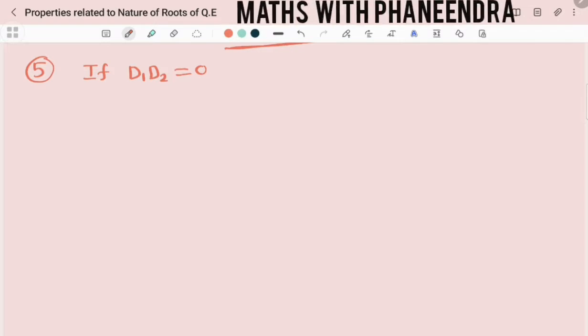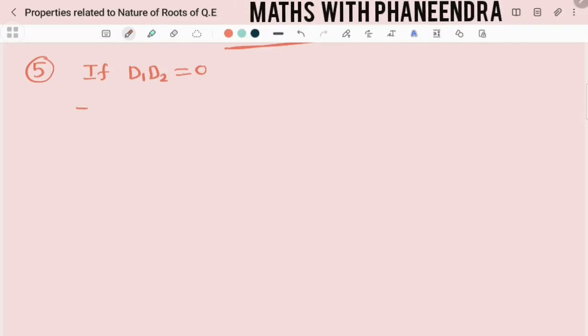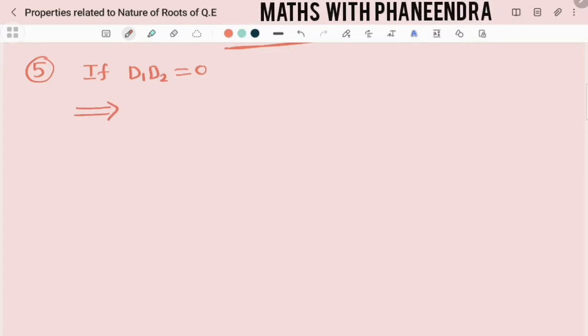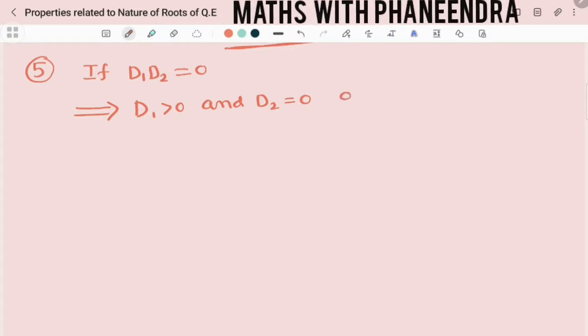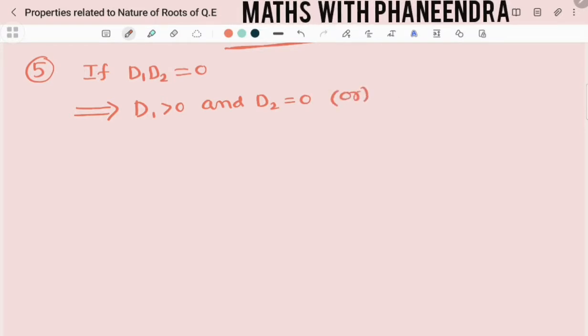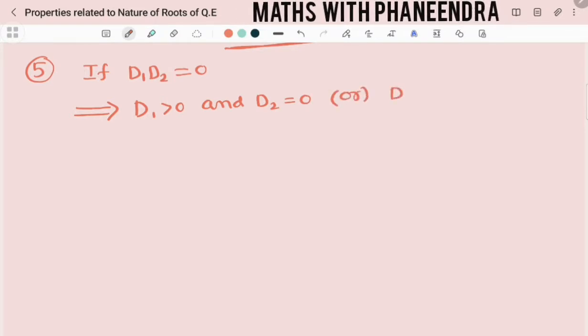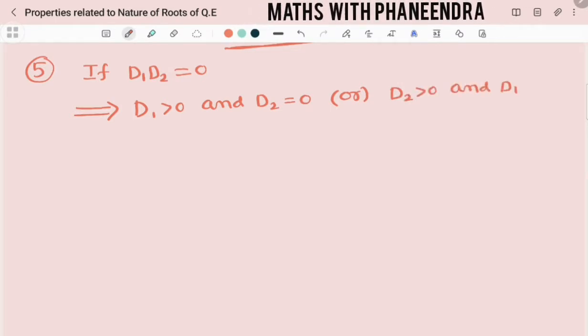here also there are two categories. What is the first possibility? d1 is greater than 0 and d2 is equal to 0, or d2 is greater than 0 and d1 is equal to 0. So both possibilities are there.